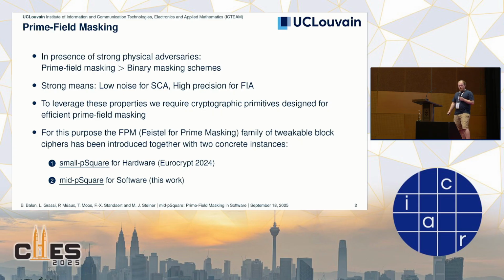So for this purpose at Eurocrypt 2024, last year, we introduced the FISA for prime masking family of tweakable block ciphers. And there are now two concrete instances of this family of TBCs. The first one is small-p-square from last year, which is hardware oriented and uses a small prime, therefore the name. And mid-p-square, which we propose in this work, which is software-oriented and uses a mid-sized prime.